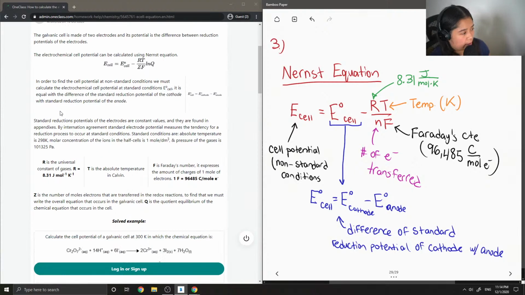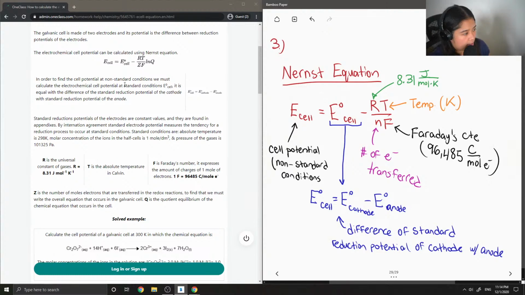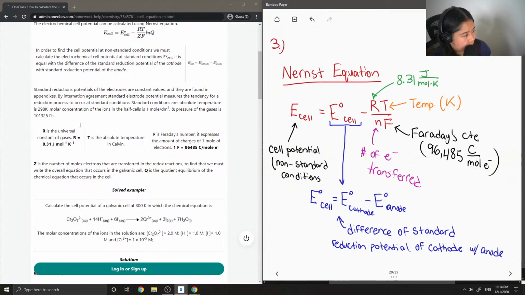So in order to find the cell potential at non-standard conditions, we must calculate the electrochemical cell potential at standard conditions. So this is the E cell. It is equal with the difference of standard reduction potential of the cathode with the standard reduction potential of the anode. Yep, so that's what I wrote down here.